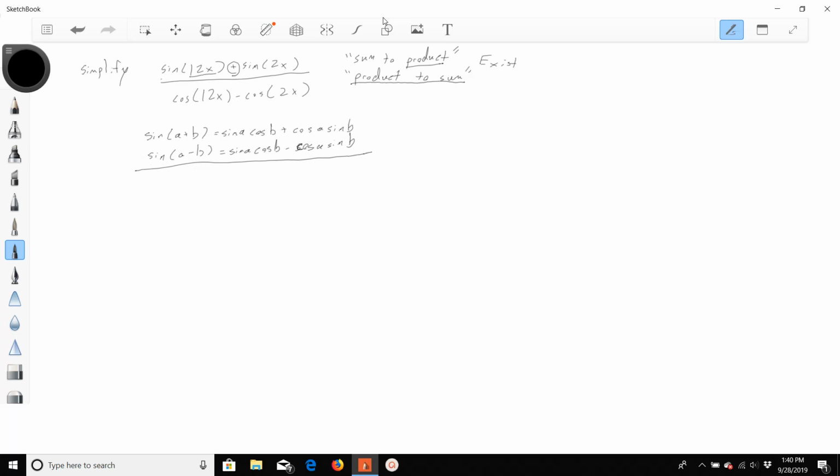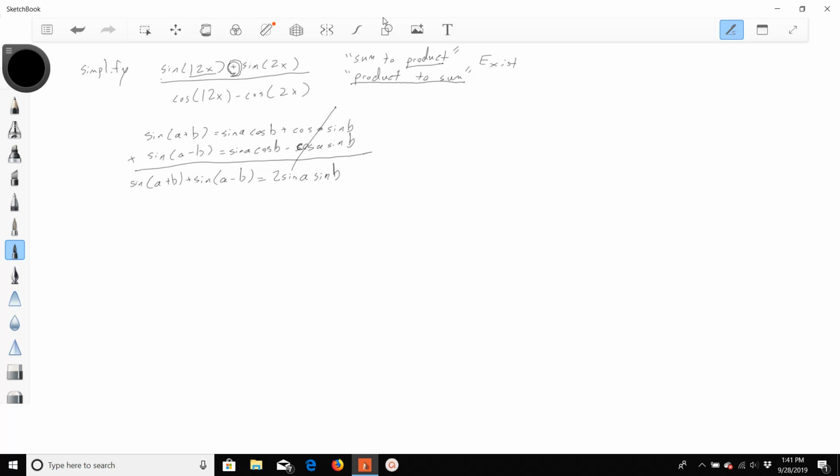Now, since we're adding in the numerator of this equation here, as I've circled, I'm going to add these two together. I'm going to get sine of a plus b plus sine of a minus b is equal to, now those are going to cancel because it's plus and then minus and it's the same terms, so we're just going to get 2 sine a cosine b.